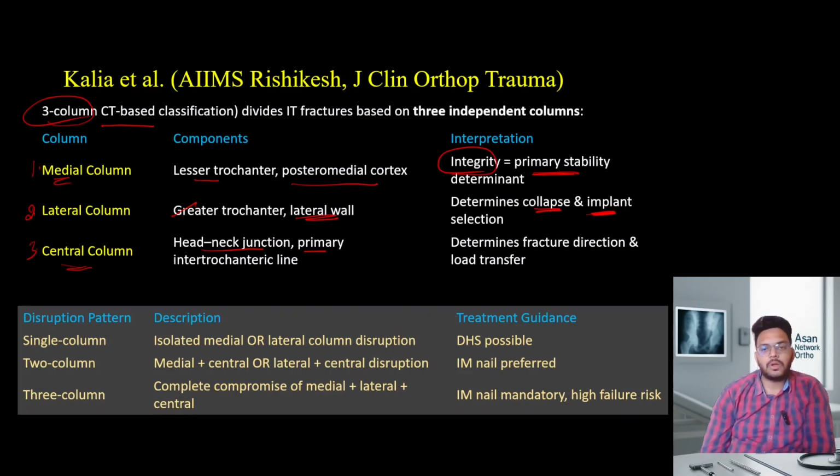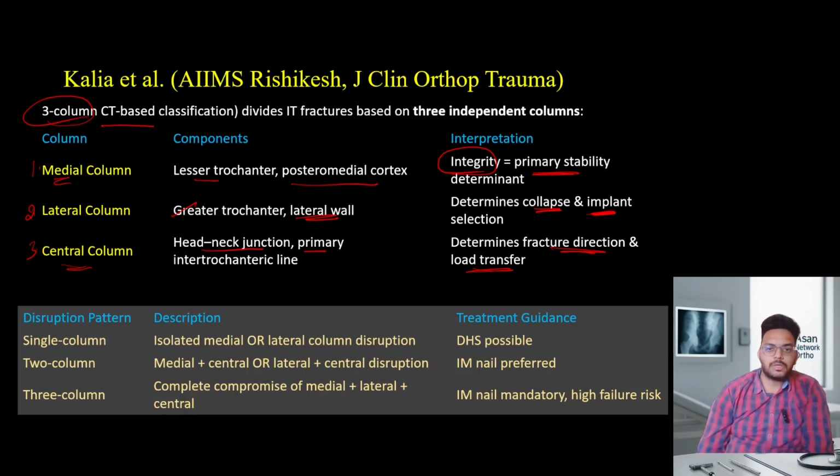If the lateral column is not intact, or as we have seen in the AO classification, the lateral wall thickness is less than 20.5 mm, then we have to go for only intramedullary nailing. And the central column will determine the fracture direction and the load transfer. If the central column is fractured, where should the load go?